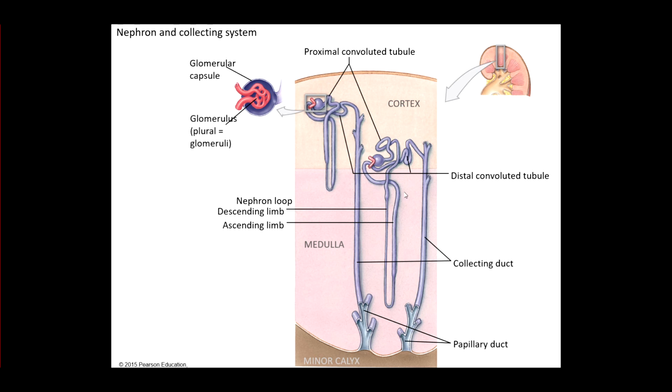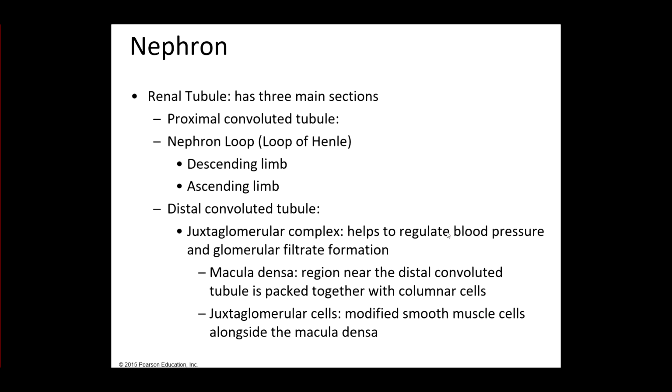So this tube from about here, all this, it goes over to the afferent arteriole, and then over to here is your DCT, distal convoluted tubule. Distal means that it's furthest away from the Bowman's capsule, and again, convoluted means that it's twisted. Okay, so that's your distal convoluted tubule.